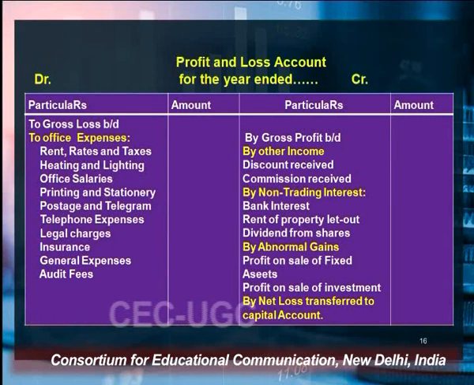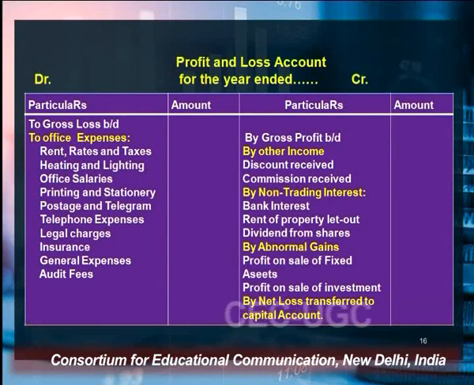The first item of indirect expense is office expenses. All the expenses which are related to the office will be shown on the debit side of the profit and loss account. Office expenses involve rent, rates and taxes, heating and lighting, office salaries, printing and stationery, postage and telegram, telephone expenses, legal charges, insurance, general expenses and audit fees.